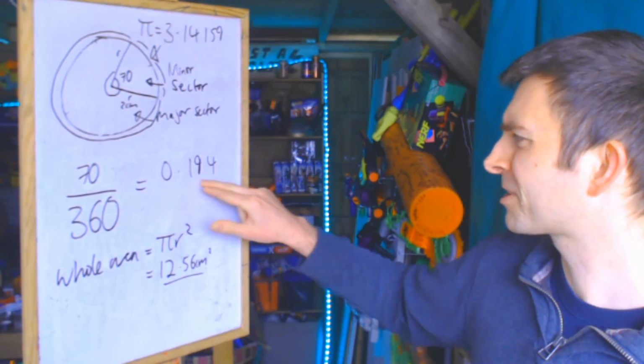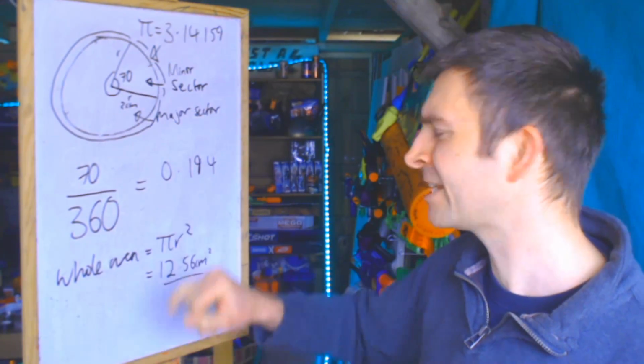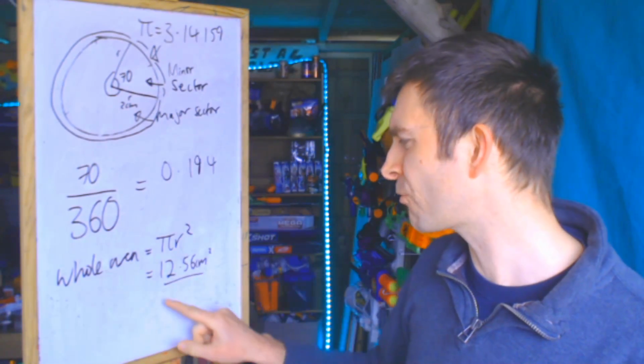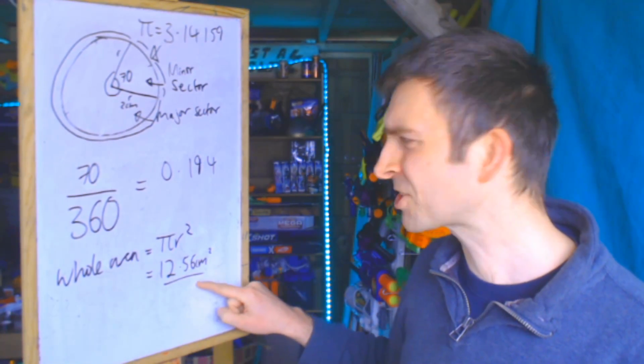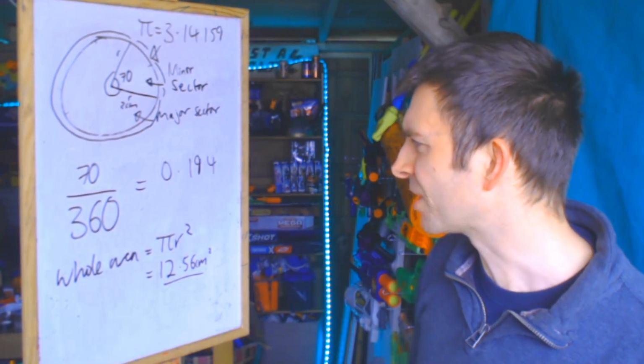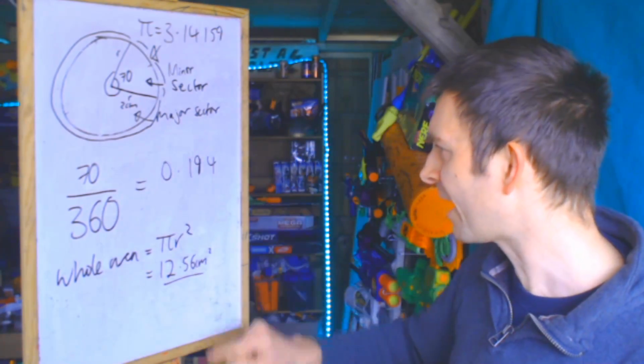Well, if we were to multiply that by 100, then this would be 19.4% of that whole circle, this bit. And so if we know the whole area, then we just need to find 19.4% of this. And how would we do that? Well, we would do that by multiplying this by that.